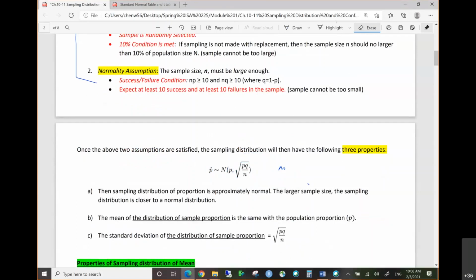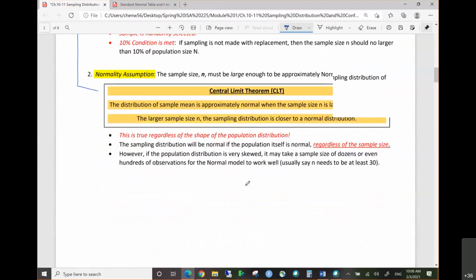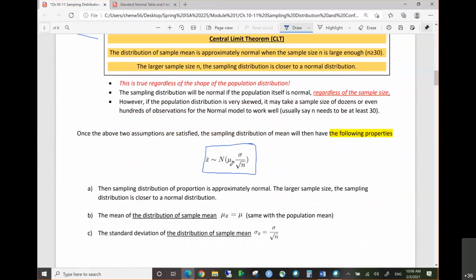And then we have another sampling distribution, which is about our sample mean, right? So we still need to check these two assumptions. These three properties: this is the mean of this sampling distribution, and this is the standard deviation of this sampling distribution, right?